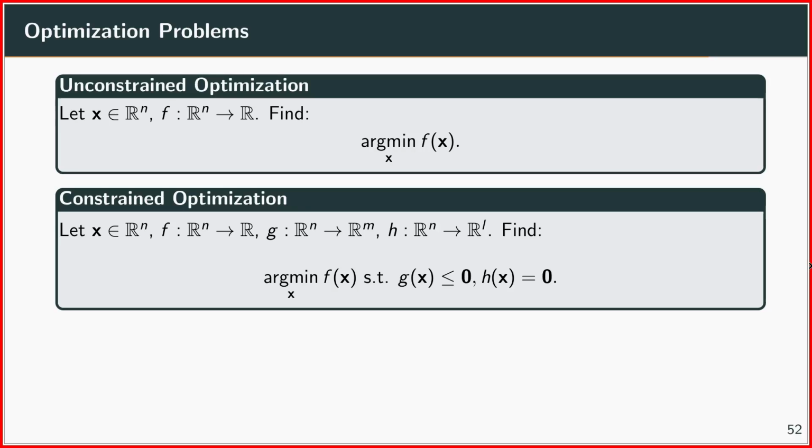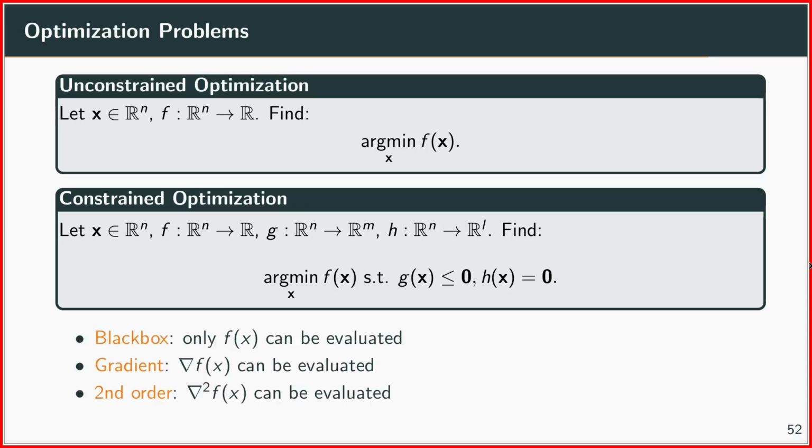So for example, if you're in a 3D space, you could think about g as something where you constrain to a half space or a region of the configuration space, and h could be something where you constrain to a plane or a line segment. So this is basically the general structure of optimization problems.